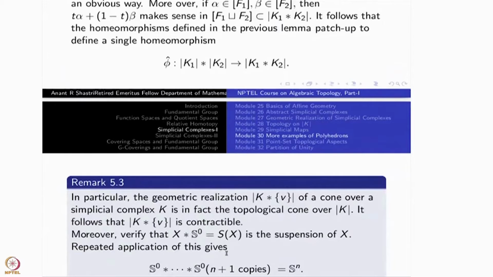Suppose X has already some structure, namely of a polyhedron, then the suspension of that will also be a polyhedron, namely X star S naught. Mod of X star S naught will be SX. So we can define the suspension of X also in the case of a polyhedron.